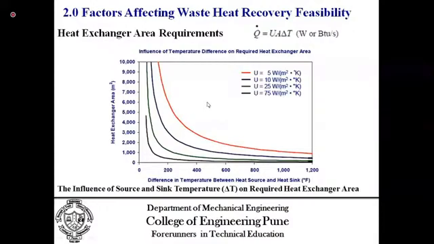That means the heat recovery equipment will be a huge equipment, which is not cost effective. There is one more part that I will say later on after completing this slide. The second is, if the U is 10, we find that for the same temperature difference, that is delta T, the surface area is considerably reduced.